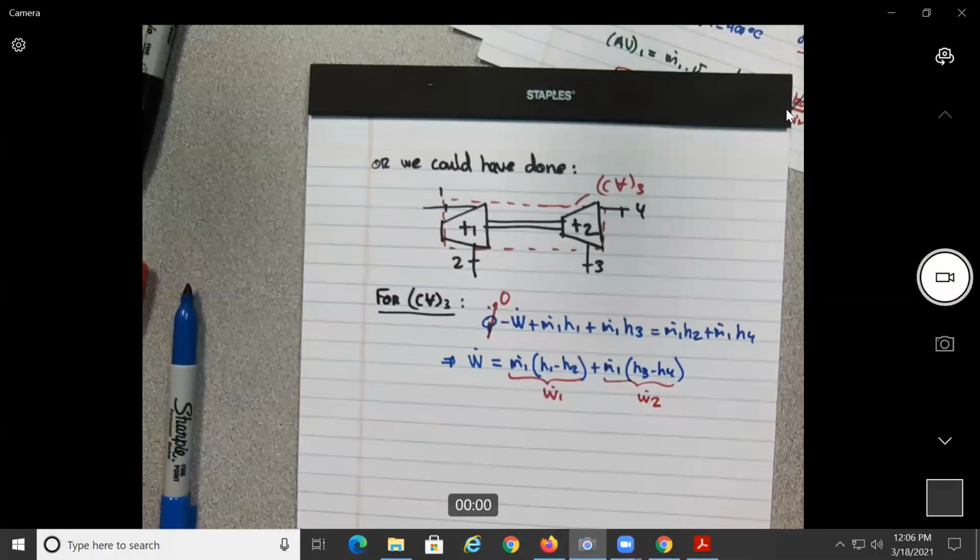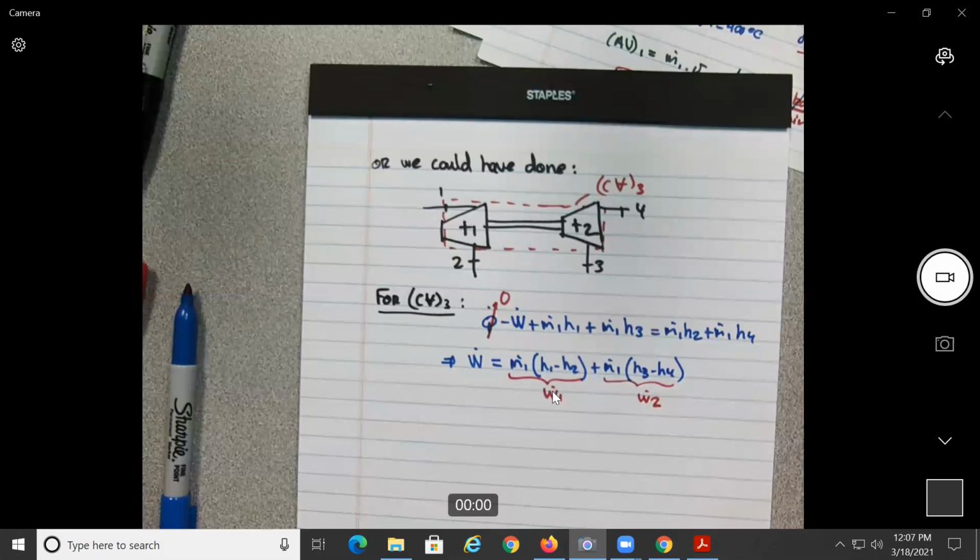Oops, I did not resume the video, guys. So let me go very quick. Somebody asked me to redo this problem by now considering this control volume instead of two ones, and following exactly the same procedure. I write the first principle of thermodynamics for that control volume, and you see basically that we get exactly the same thing.